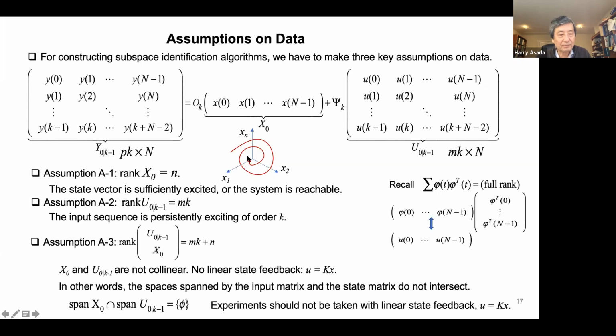That's the first assumption. And assumption 2, A2, is that this input Hankel matrix is of rank MK. M is the input vector's dimension, right?